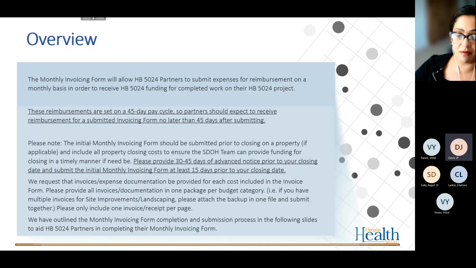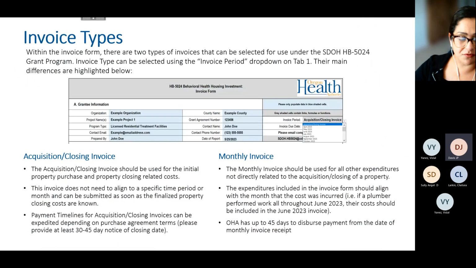It will also be very important, if you have a real estate closing, that you provide us at least 30 to 45-day advance notice prior to closing, because we have to coordinate internally with a lot of other OHA partners in addition to the title company. And so we have outlined all of this information in the monthly invoicing form.